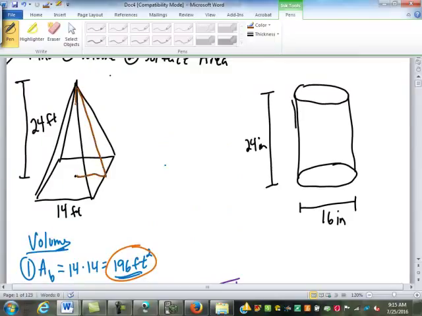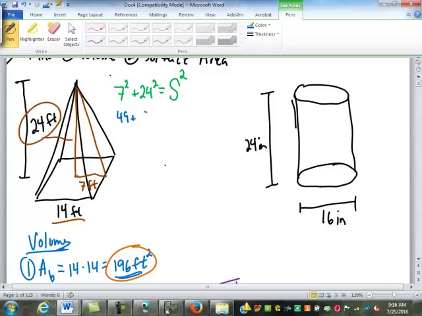And to do that, we draw in these sides here. This side is just our 24 foot height. This down here is 7 foot, half of the length of the side of the base. So we have 24 by 7 there. So 7 squared plus 24 squared is going to equal our slant squared.